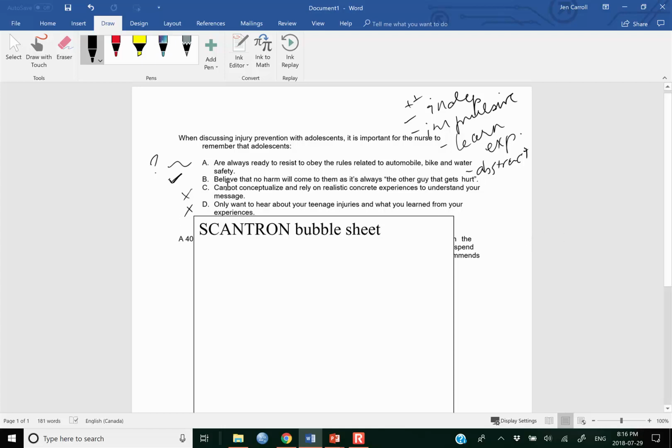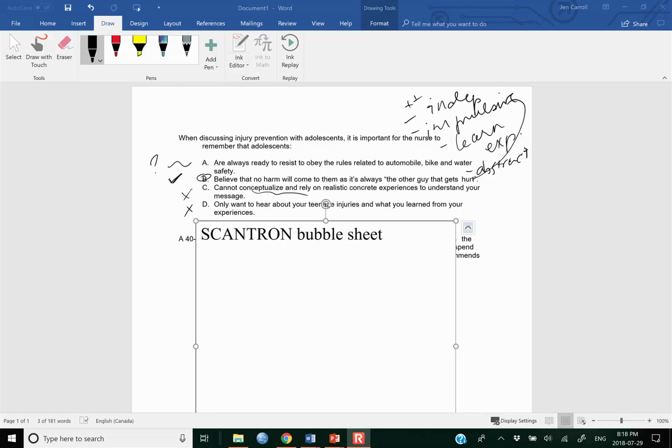This is one of those scenarios where I kind of have a maybe. I have two that I feel pretty confident about, although with that one, there's bits and pieces that are accurate. But this kind of plays into the impulsivity, so I think I'd choose B. Lo and behold, guess what? I wrote this, so it's right.